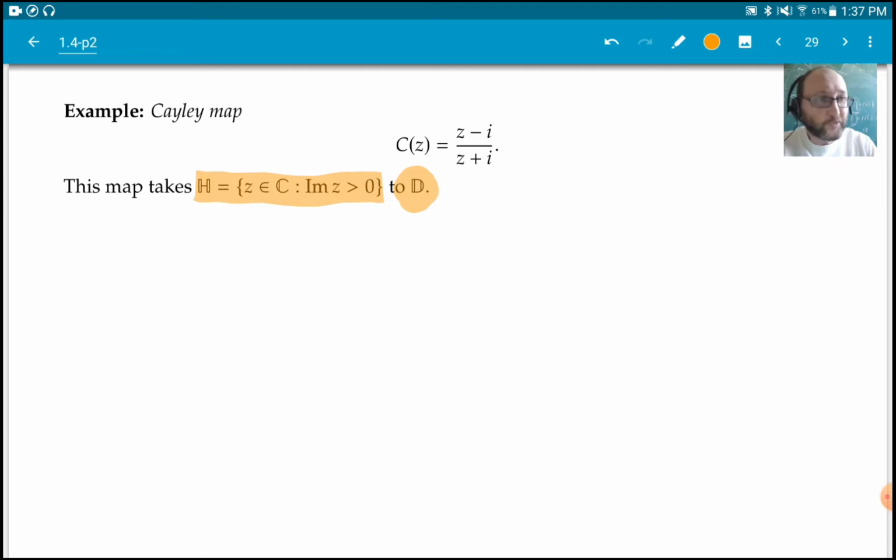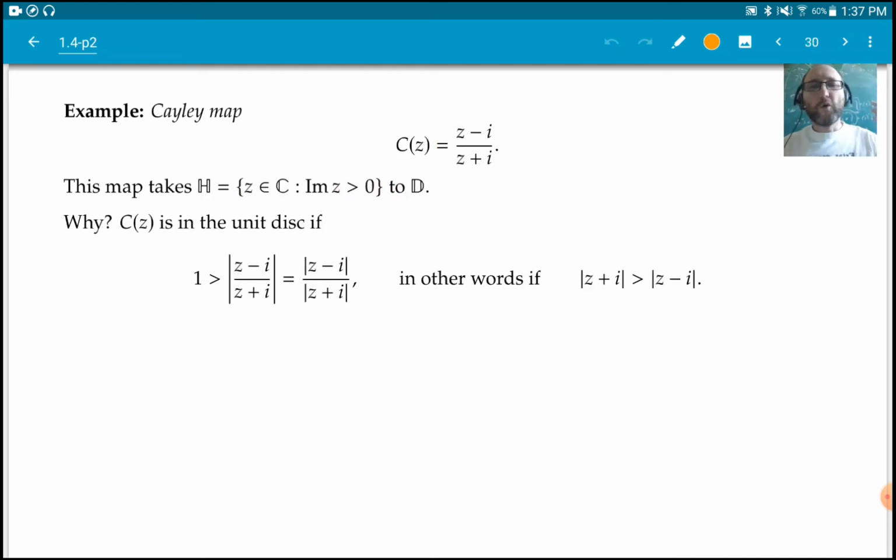And, of course, that also makes the inverse of this thing very, very useful. That would give you a map going from the disk to the upper half plane, right? So as I said before, the upper half plane is another version of the disk, and this is the thing that identifies them. It's the Cayley map, right? Now, why does it take the upper half plane to the unit disk?